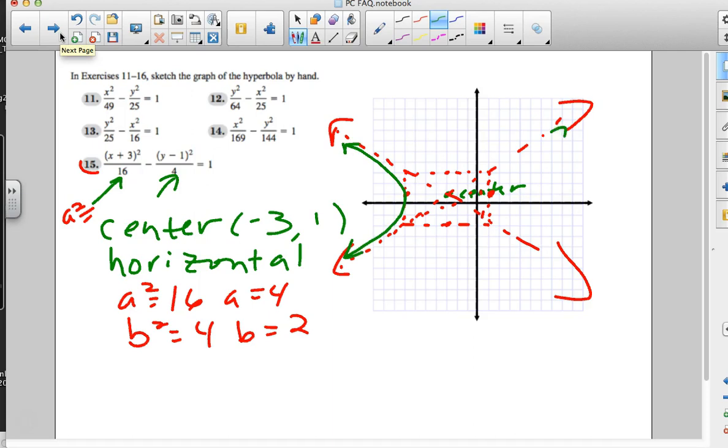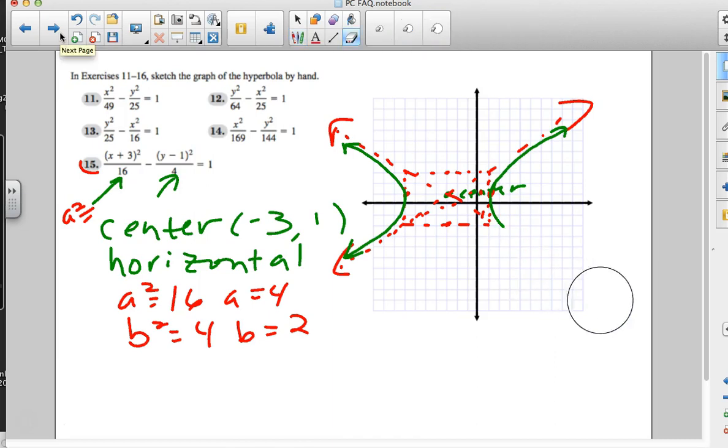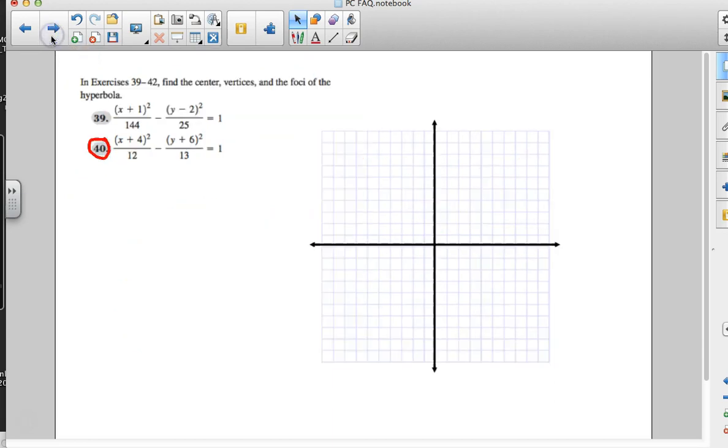It's going to hit our vertices, and ooh, I would want to fix that on my test. That looked like a big no-no. It looked like I crossed my asymptote. And there we are. And again, we could give all the coordinates for all the points here and give equations for the asymptotes, but they did not require that for this problem.